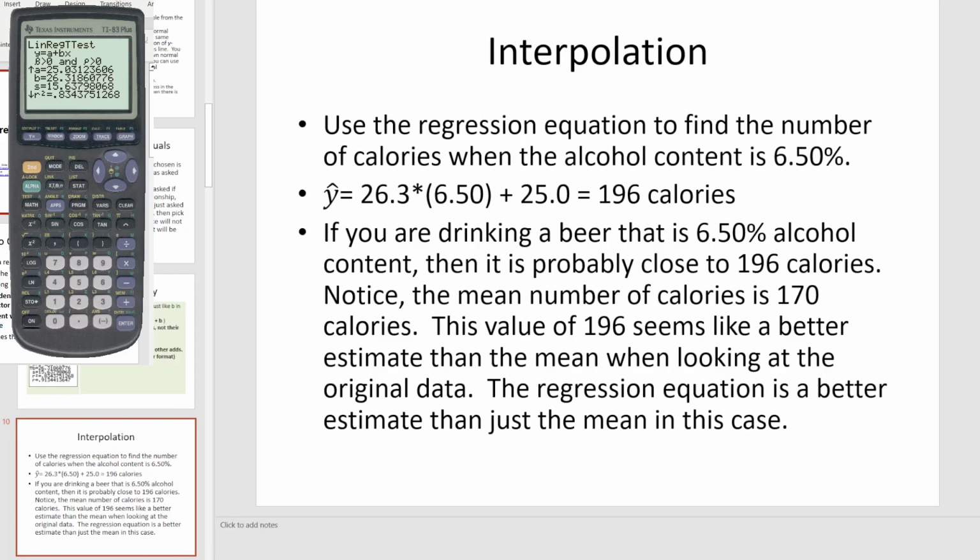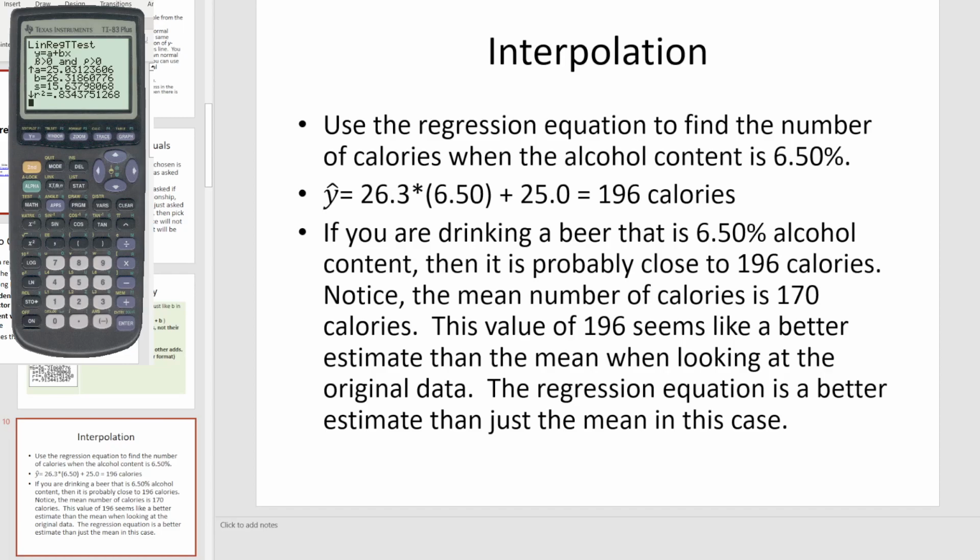Notice that the mean number of calories is 170. This value of 196 seems like a better estimate than the mean, when looking at the original data. The regression equation is a better estimate than just the mean in this case.